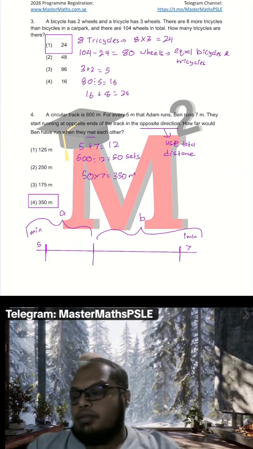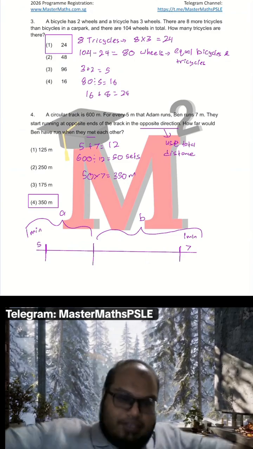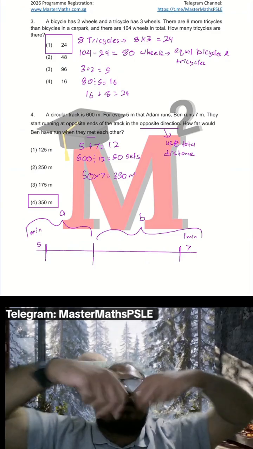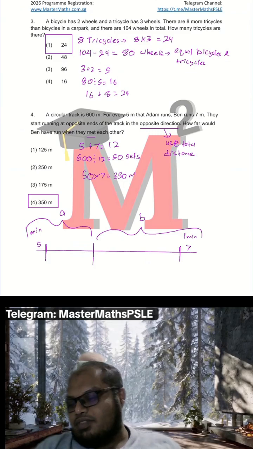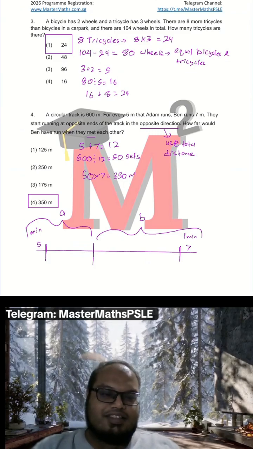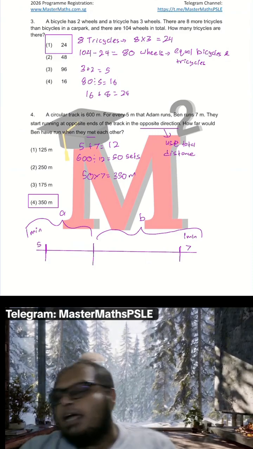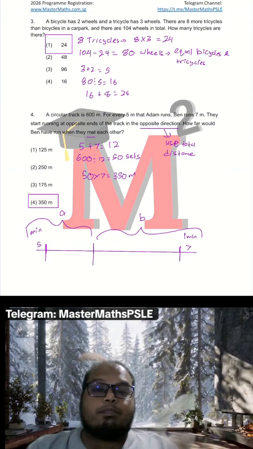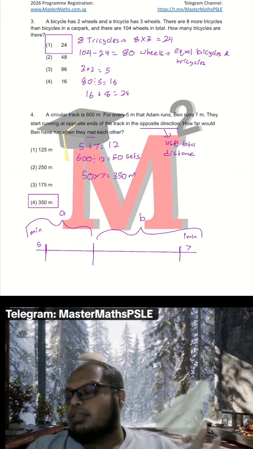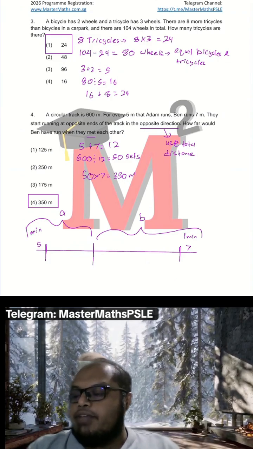Same, you imagine the circle I untie becomes straight. So divide, we get 50 sets, so we can break up the track into 50 sets, and then 50 times 7, 350 meter.